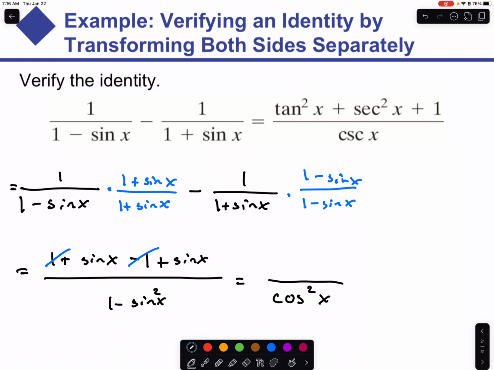Okay. On top, it looks like we have, are we missing a one somewhere? That's a minus 1 plus sine. Okay, so it looks like it's 2 times the sine of x. Okay. Cosecant.